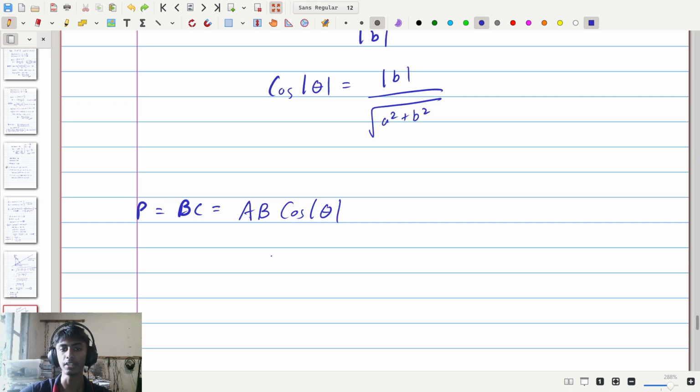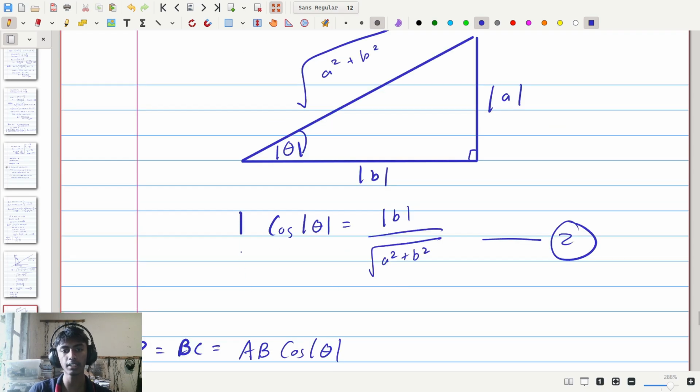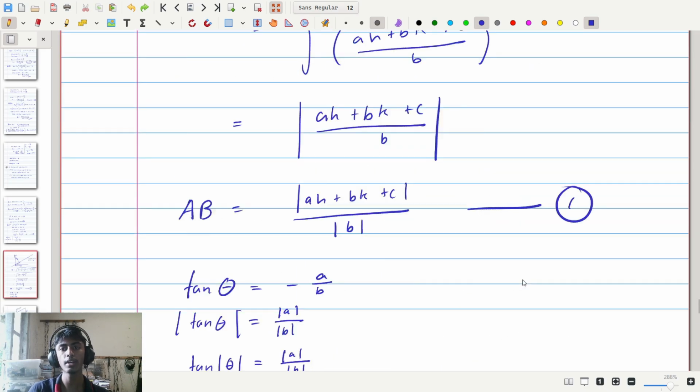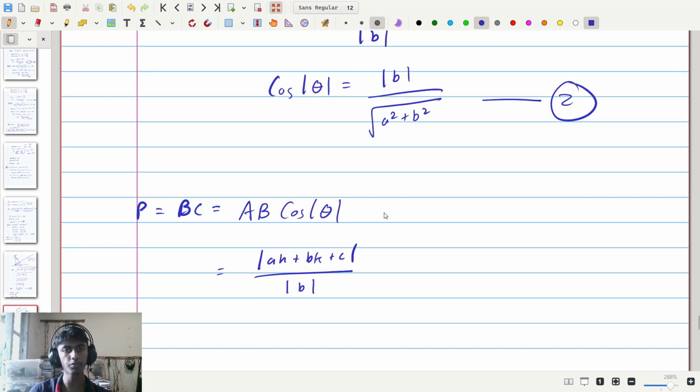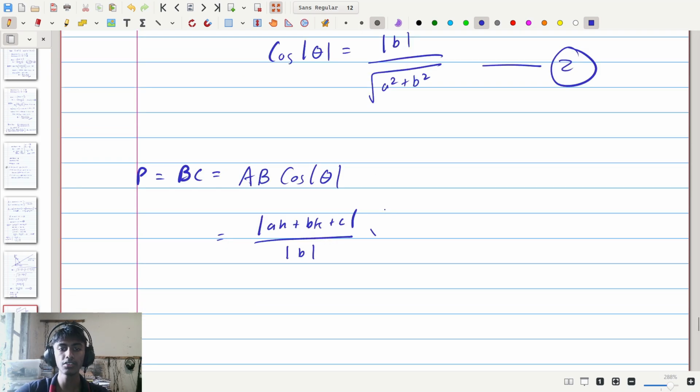Now then, we can substitute these values in. If we call the equation with the cosine of the absolute value of theta 2 and this other equation 1, substituting those two in, 1 gives us that AB is the absolute value of AH plus BK plus C divided by the absolute value of B, and the cosine of the absolute value of theta, which is the same as the cosine of theta, is equal to the absolute value of b divided by the square root of a squared plus b squared.